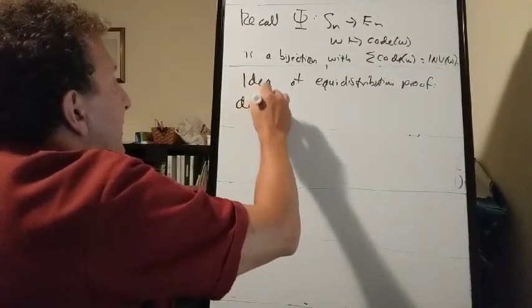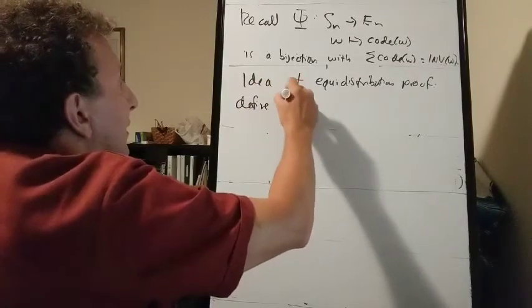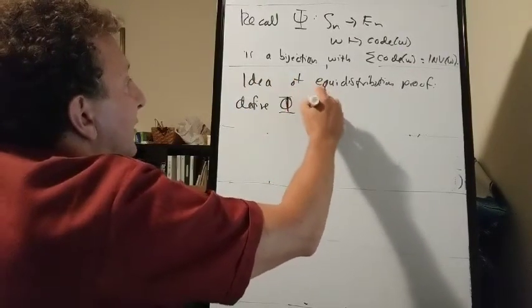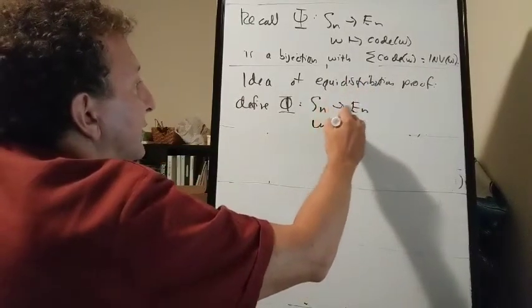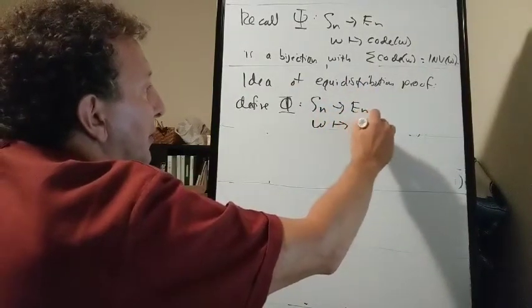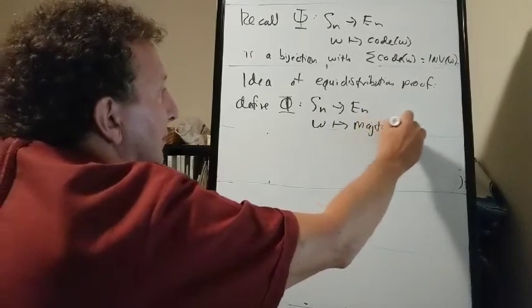So we'll define another bijection phi from the symmetric group to the substair words by sending W to another word which we'll call the major index table.